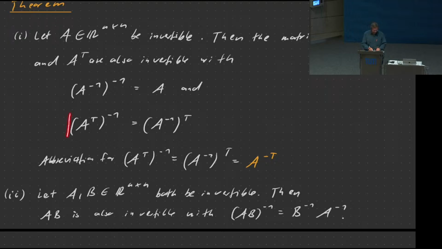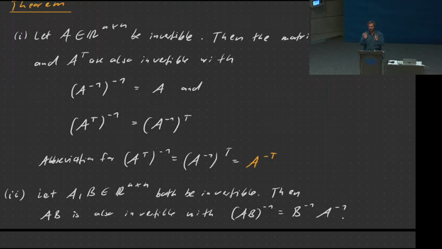And there's also a neat thing about transposed matrices. If you have a matrix that can be inverted, then its transpose can also be inverted. And it's easy to get this inverse. So that can be obtained by just taking the inverse of A and then transposing that. So in other words, these two operations, transposition and inversion, are interchangeable.